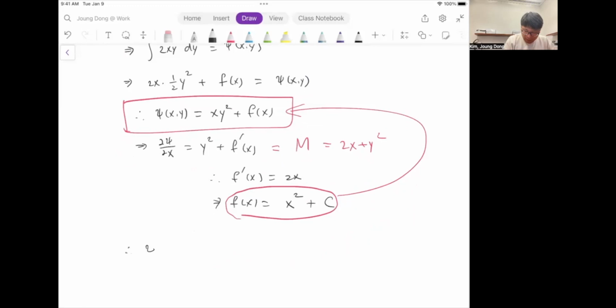Therefore, my psi x, y is equal to xy squared plus x squared plus c. But here we are not going to write c yet, because it will be added at the end. So let me erase this one at this time. It might be better to erase here as well.